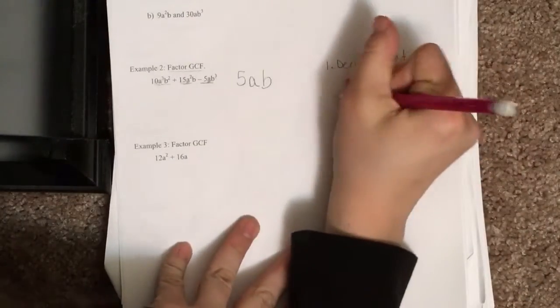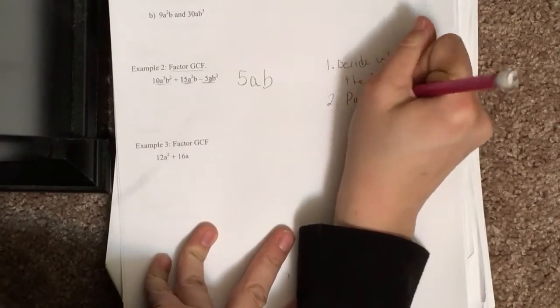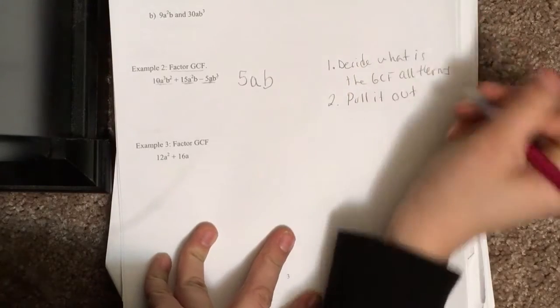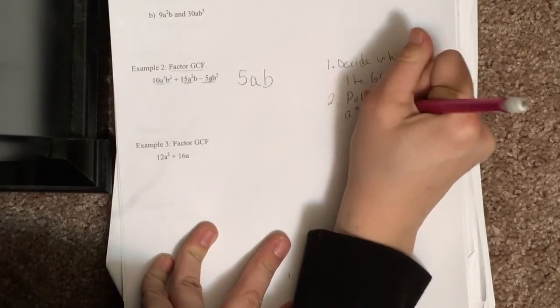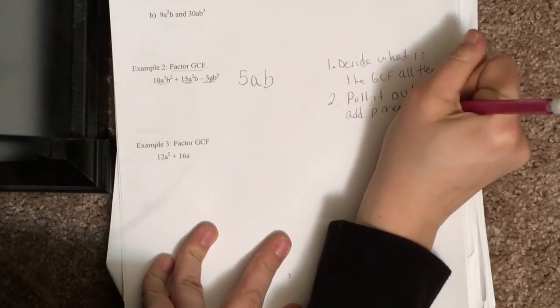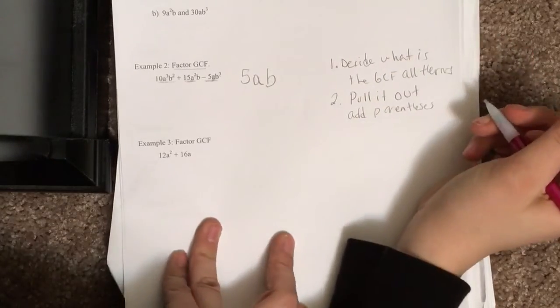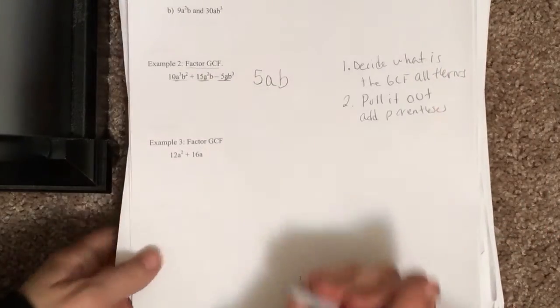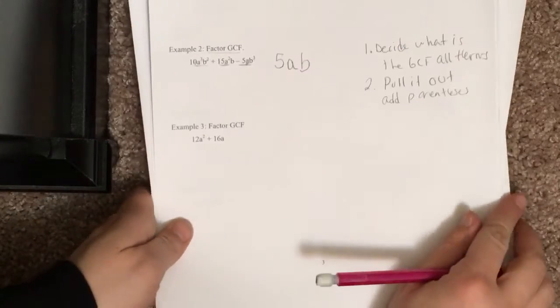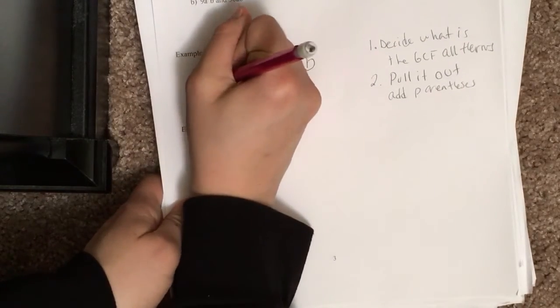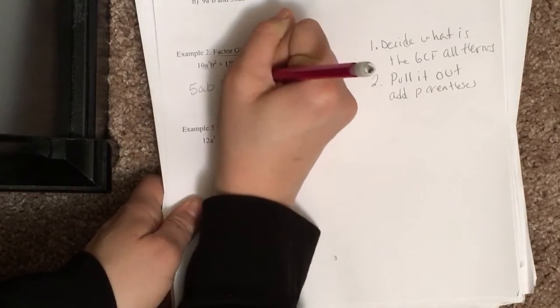Once you find out what the GCF is, you're basically going to pull it out and then add parentheses. So you're going to pull the 5ab out from each term. So when I say pull the 5ab out, I would like to see 5ab parentheses.